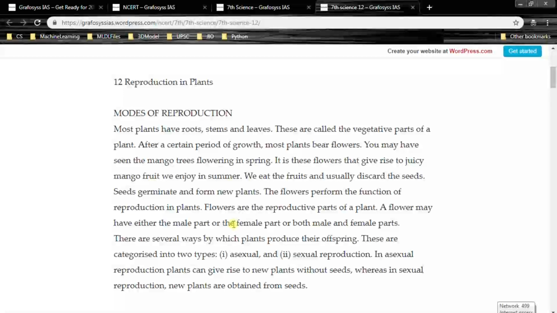And again, there are different ways by which plants produce their offspring, right? One is asexual and another is sexual. Asexual means which give rise to new plants without seeds. Asexual without seeds. Sexual with seeds.